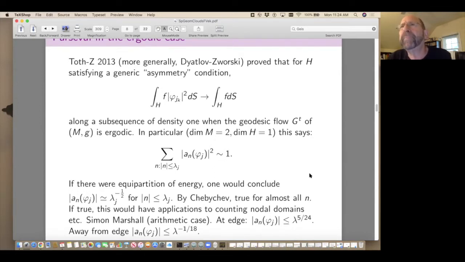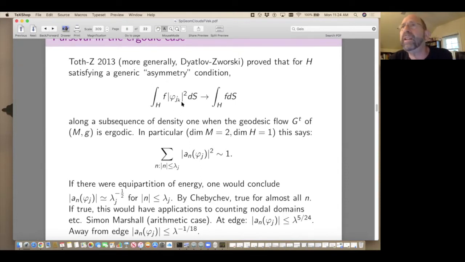And so, they're very complicated, of course, but Toth and I in 2013 proved what's called the quantum ergodic restriction theorem, which means that if you restrict a density 1 subsequence of eigenfunctions to what we call an asymmetric submanifold, that's not the fixed point set of an isometric involution, because then half the eigenfunctions vanish. So it's asymmetric rather than being symmetric.